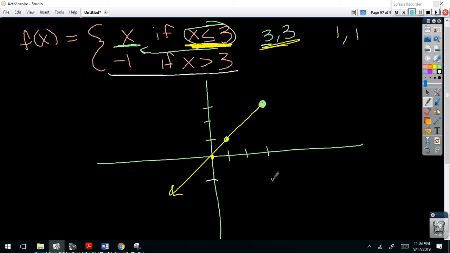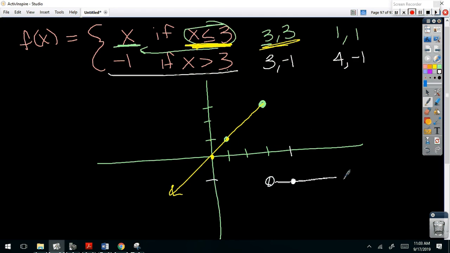If you plug in 3 for x, you still get negative 1. Anything you plug in for x, you're getting negative 1 because y is always negative 1. So I need to be bigger than 3. So maybe 4, negative 1. Right? This is the horizontal line.